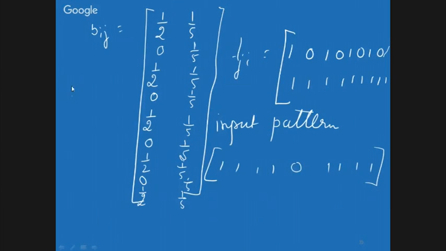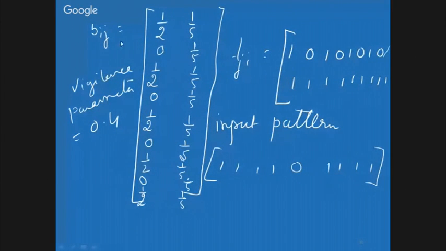Vigilance parameter, that has been given as 0.4, right? First time the vigilance parameter is given as 0.4. Now some values will be assigned to you, right? Some values I am giving you for the calculation.